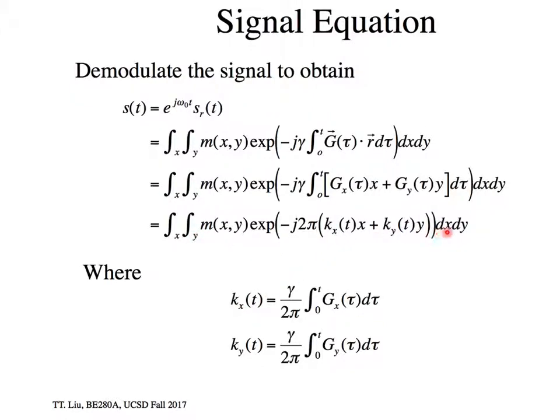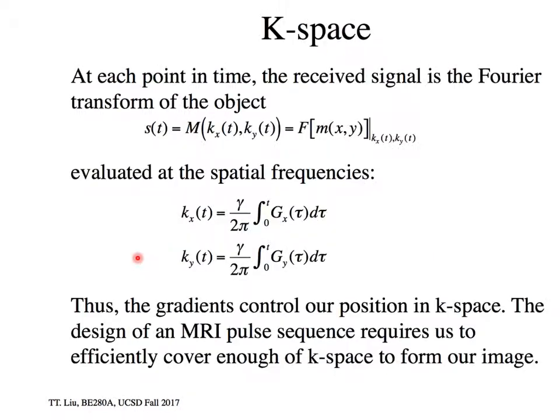So when you look at this, this is simply the two-dimensional Fourier transform of this guy, right? And this is our image, right? So that's what the signal is going to be, the two-dimensional Fourier transform. So if we look at what that means, our raw data is this function here, right?